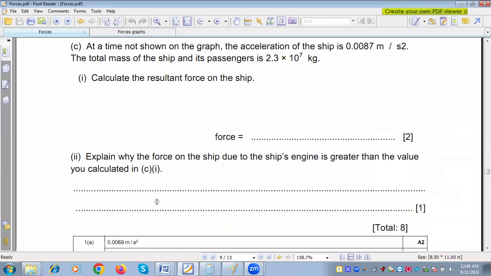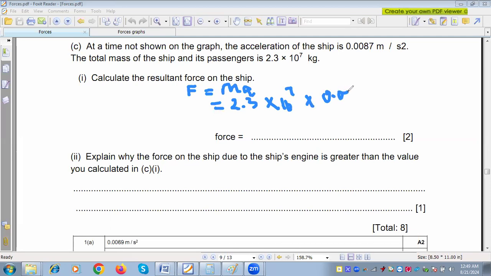F is equal to ma, so 2.3 into 10 to the power 7, into this acceleration which is not shown in the graph, 0.0087.